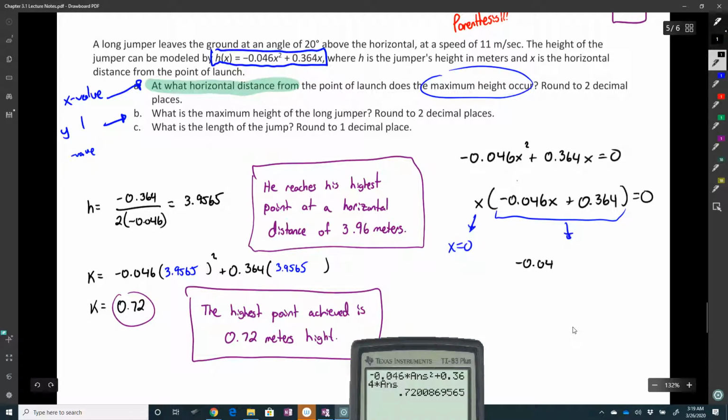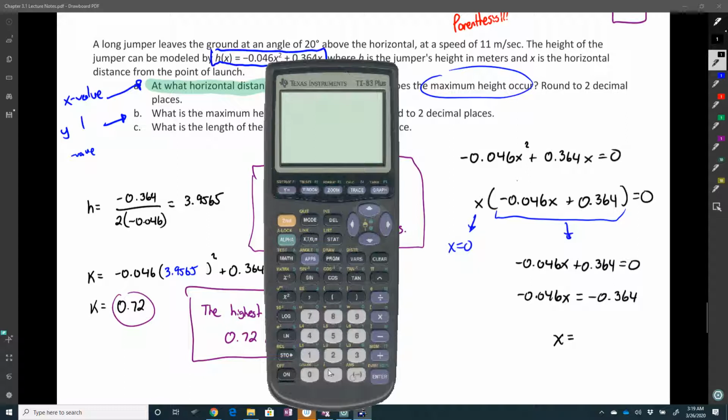This tells me that the first answer equals 0, which I saw from the graph, and the other answer is negative 0.046x plus 0.364 equals 0. I can subtract that over, negative 0.364, and divide, so x is equal to negative 0.364 divided by negative 0.046, and I get about 7.91.